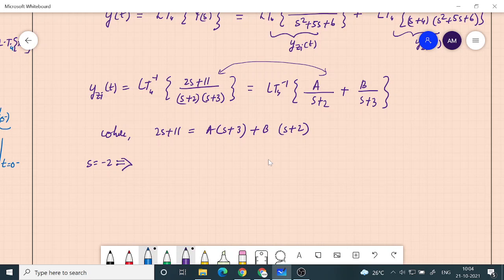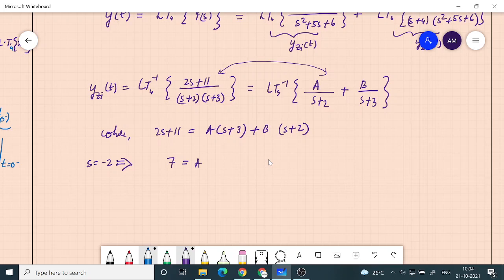Here it is minus 4 plus 1 plus 11, so that will be 7. Yeah, 11 minus 4 is 7. So plus 7 is equal to, and on the right hand side, if I put s equal to minus 2, then you can see that it will be 3 minus 2, which is 1.